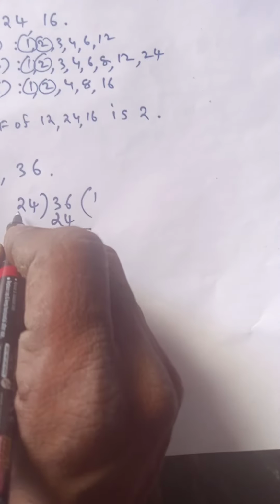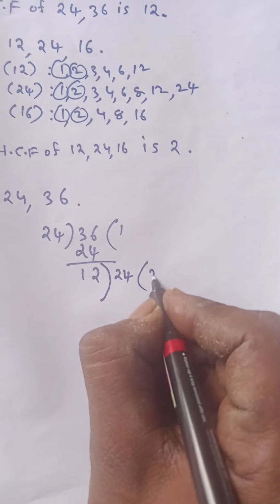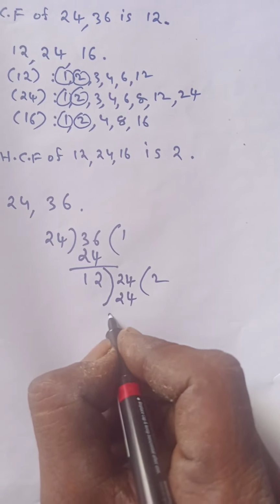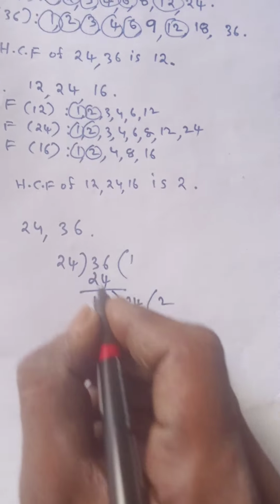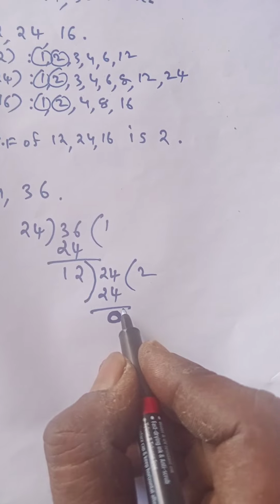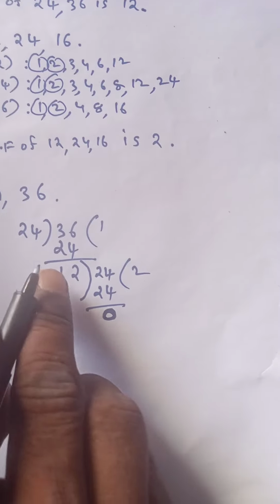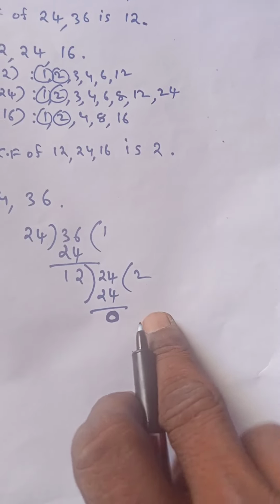The last divisor, 24, divided by the remainder 12: 12 twos are 24. So until we get the remainder 0, we need to do the division process like this. If you get any other number, consider it as a divisor, and the last divisor, that thing you need to write, consider it as the dividend in the next step.